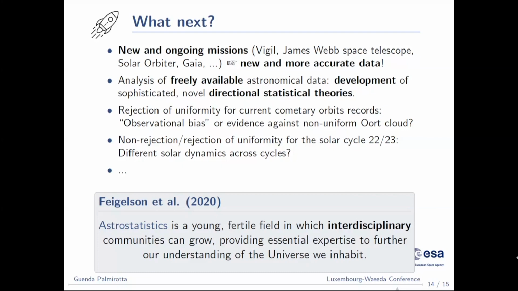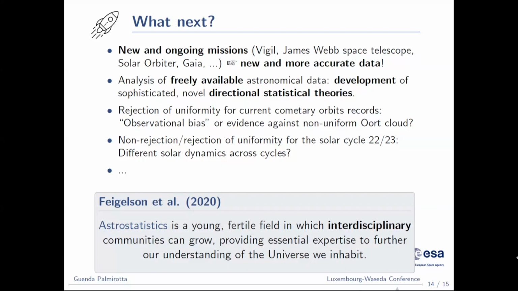Solar Orbiter and Visual are studying the sun, so we are getting more sun and sunspots data. And I listed also the two open questions that we saw before, the orbit of the comets and the sunspots.